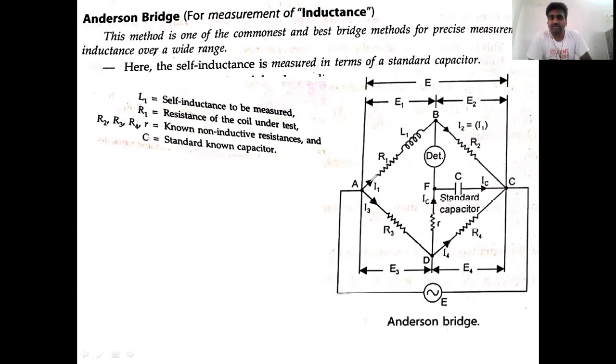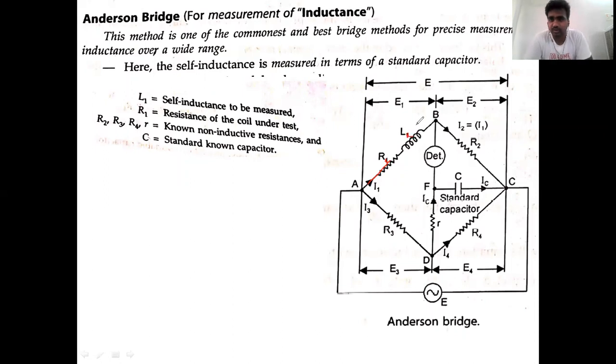The first path is nothing but A to B. You see, this is where the self inductance we need to measure is connected. This is the unknown impedance path, where the resistance is R suffix X and the inductance is L suffix X.